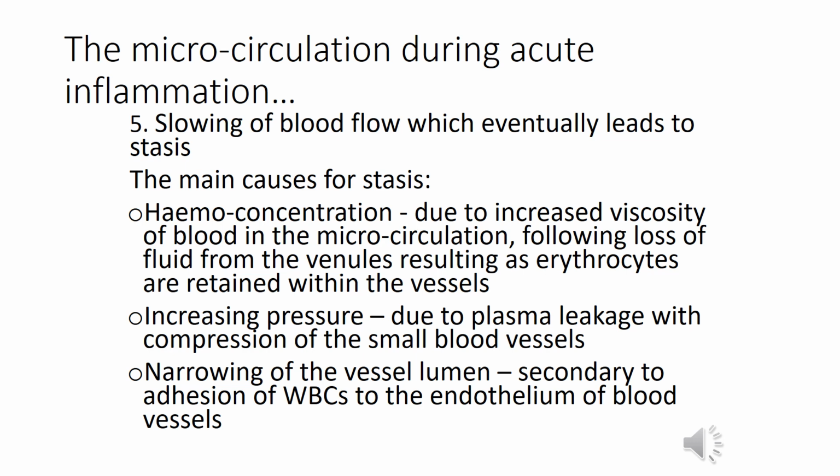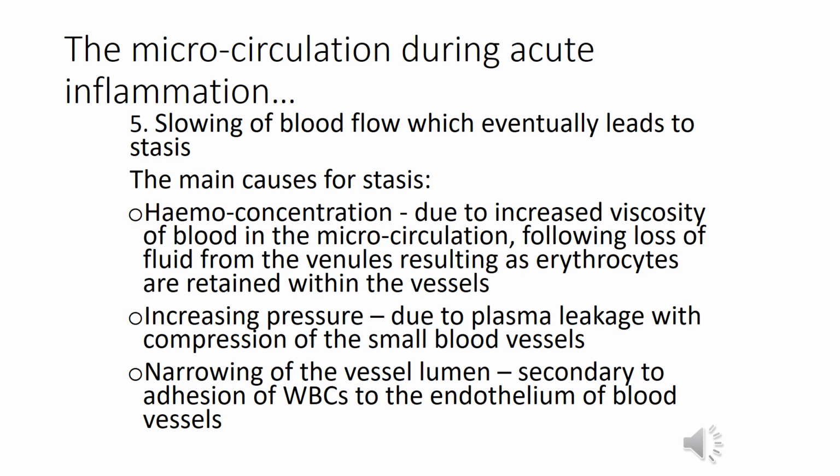Now, as the edema also continues to form, it has pressure effects on the surrounding blood vessels. Again, because of this pressure on the blood vessels, that will tend to slow the blood flow, stasis. The third reason is narrowing of the blood vessel lumen. Why would the blood vessel lumen get narrowed?